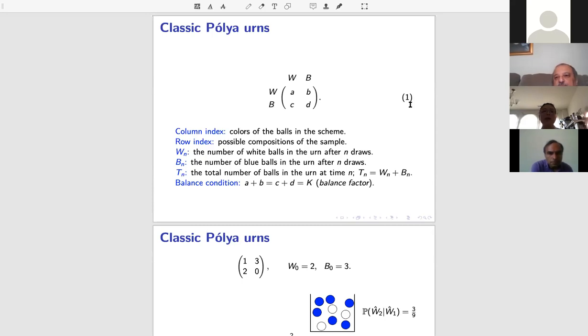By the balance condition, Tn, which is the total number of balls in the urn at time n, is deterministic, which means that we only need to analyze the behavior of one color to determine the behavior of the other. For this class of problems, the interest is usually in analyzing the asymptotic composition of the urn process.